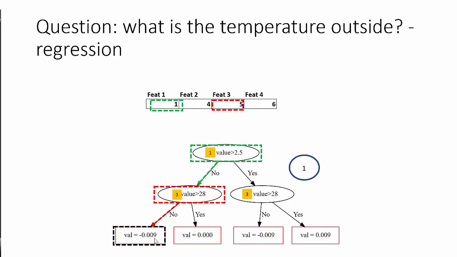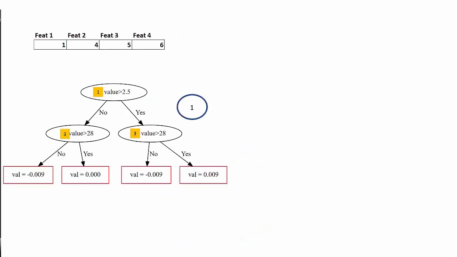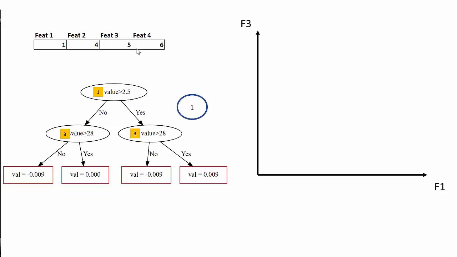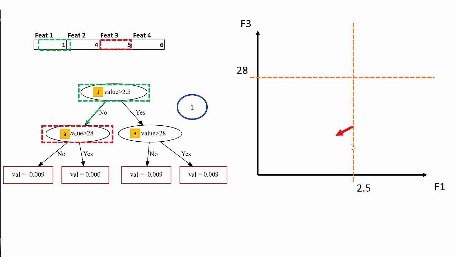If we tackle the temperature regression problem with this first tree, then the regression value output by the tree is minus 0.009, which is the answer. Considering the same decision tree and the same decision, it's important to see, as we were looking at features 1 and 3, what happens in the space of those features. While making its decision, the decision tree is doing a 90-degree cut first in feature 1, and then in feature 3.